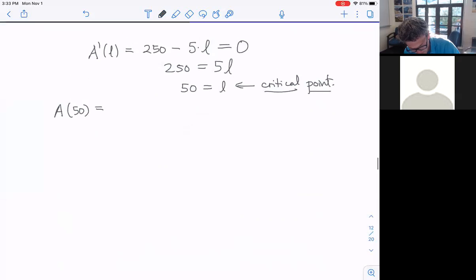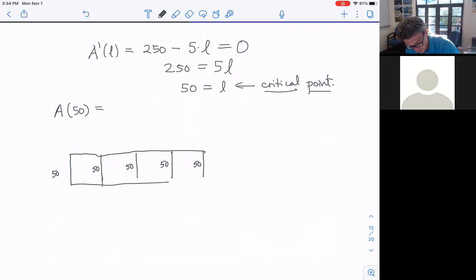If L were equal to 50, we'd be using 50 five times, so we'd be using up 250 of our fence, 250 feet. And now we've still got 250 left, so I guess this would be 125.